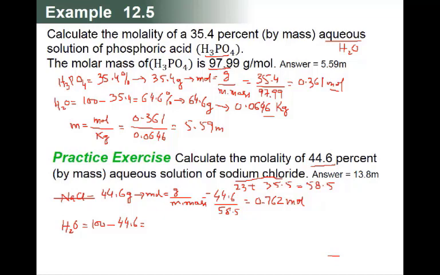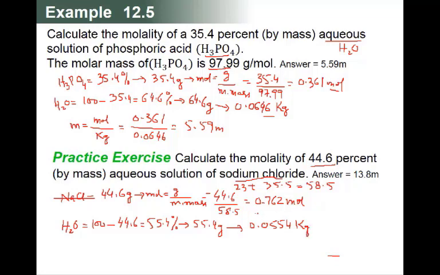The answer will be 55.4, and this will be the percentage, and then you can say this percentage to gram, 55.4 gram, and this water we change into kilogram by dividing by 1000, so 0.0554, that is kilogram of water.